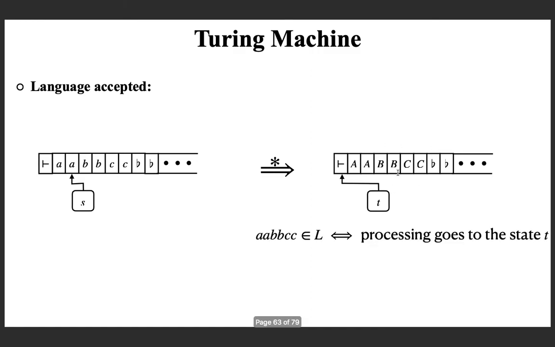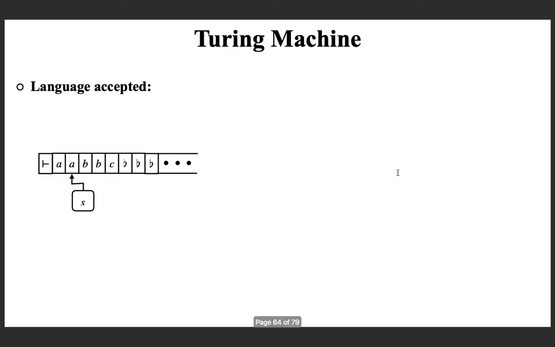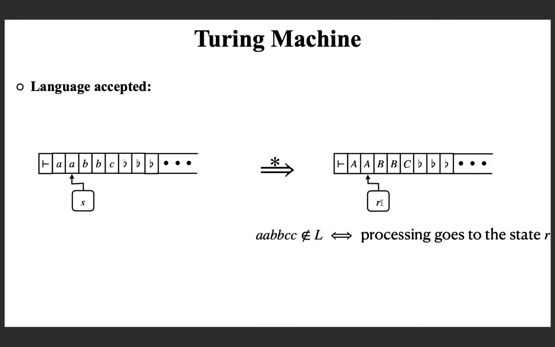If you reach T, you are accepting. And if you are starting in this configuration for this input and if you are reaching the state R, then you are rejecting. So, the acceptance criterion is again same.